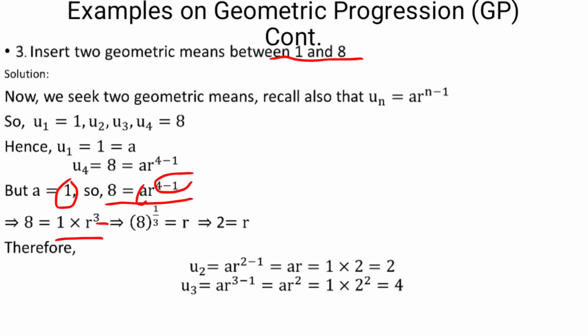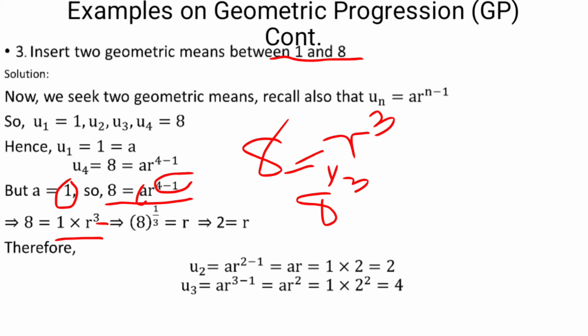So if you have 8 equal to r to the power 3, you simply take the cube root of both sides, or raise the powers to 1 over 3. That's why there's 8 raised to the power 1 over 3 on this side, and that would be equal to r. So what's the cube root of 8? That's 2 times 2 times 2, so the answer is 2. So we found r to be equal to 2.